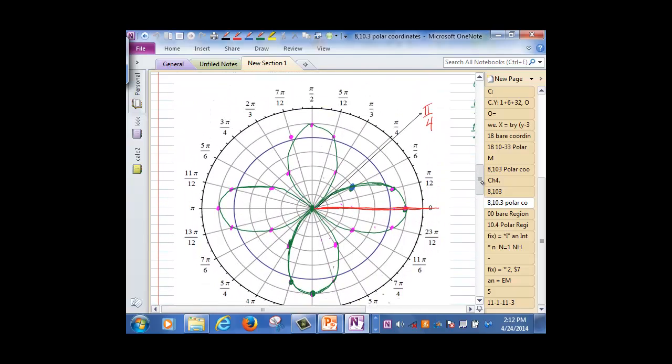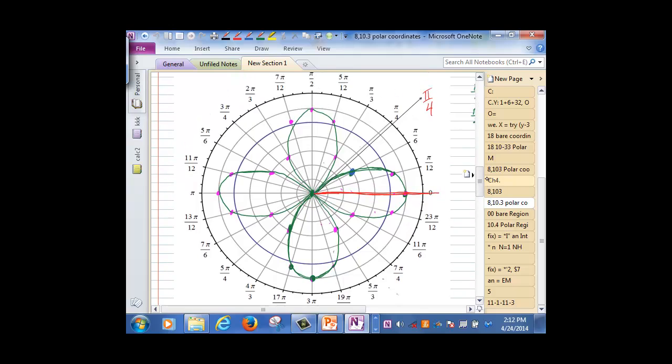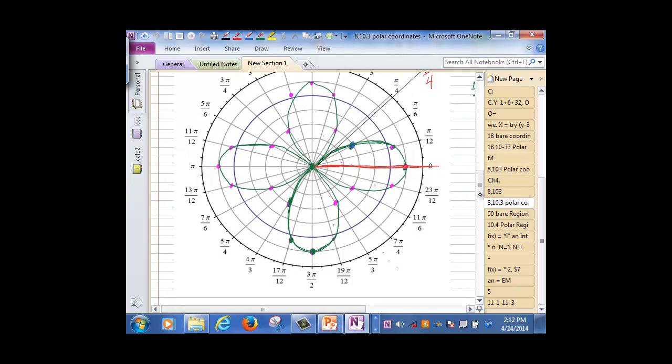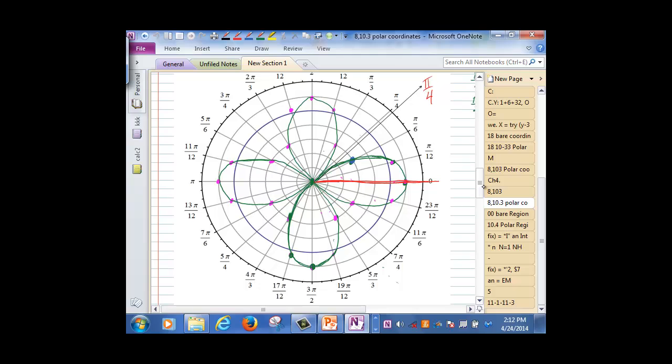Okay, how do I copy it? Let me make a copy of that thing and then I'll draw it.